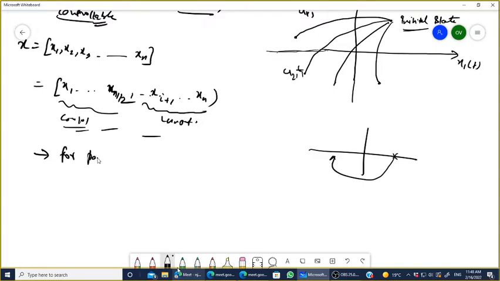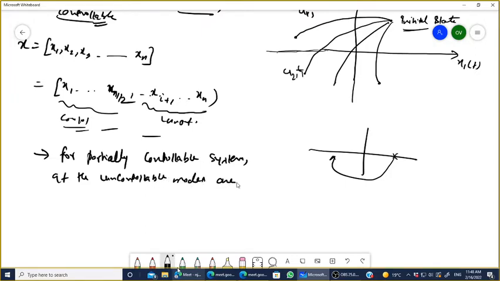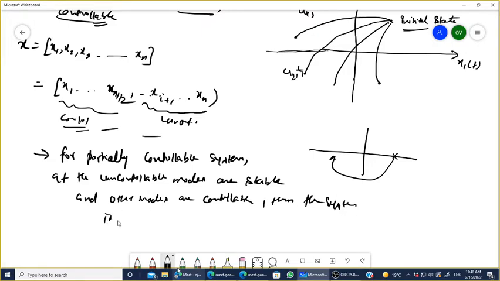So for a partially controllable system, if the uncontrollable modes are stable and the other modes are controllable, then the system is said to be stabilizable, right? Such a system is also called a stabilizable system.